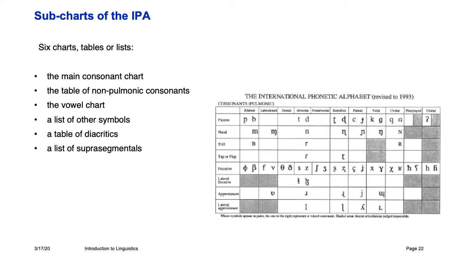On the horizontal axis, from left to right, you have bilabial, labiodental, etc., all the way to velar, uvular, and so on. And you have different symbols. For instance, bilabial, you have p and b, and they are produced basically by the lips. Alveolar, you have t and d, so these are produced by the tip of your tongue touching the alveolar ridge just behind your top teeth.